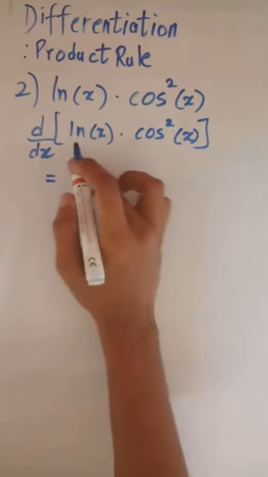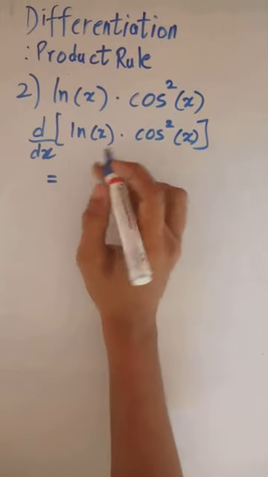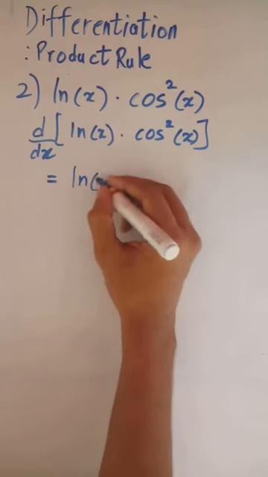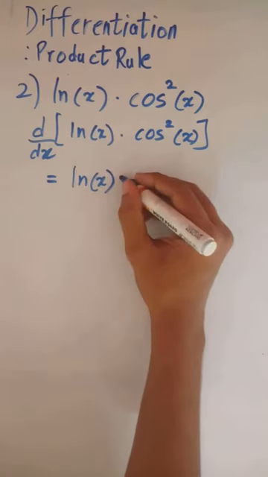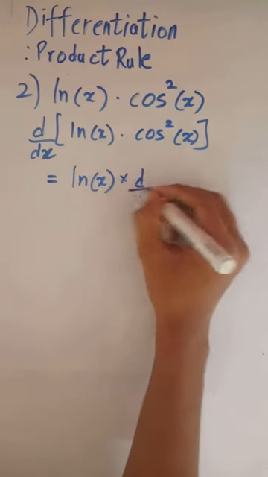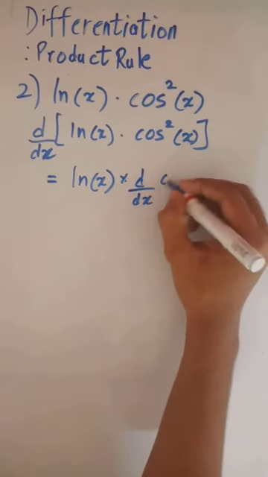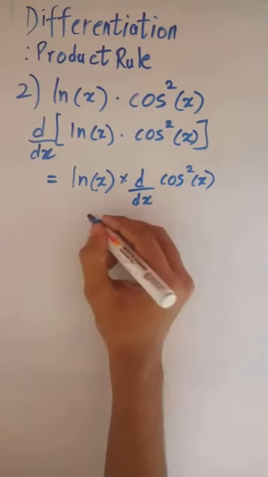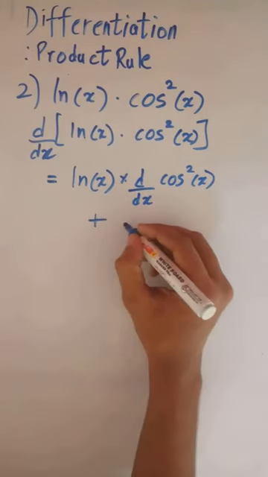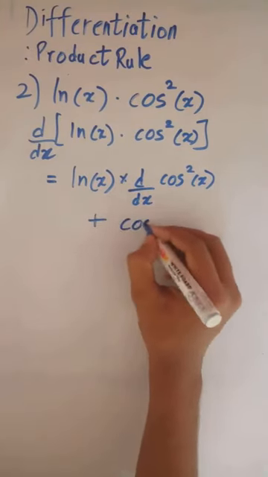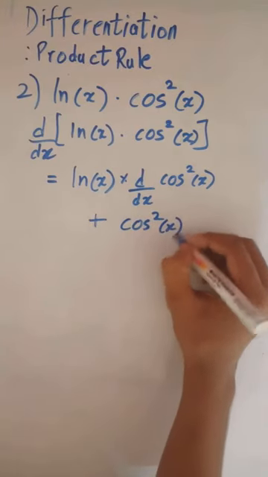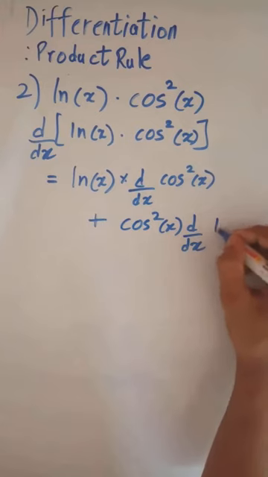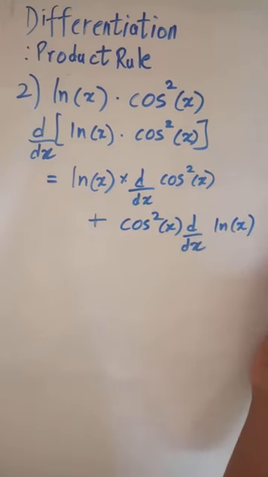The derivative of the product of two functions is the first function. So we write down the first function multiplied by the derivative of the second function, plus our second function multiplied by the derivative of the first function.